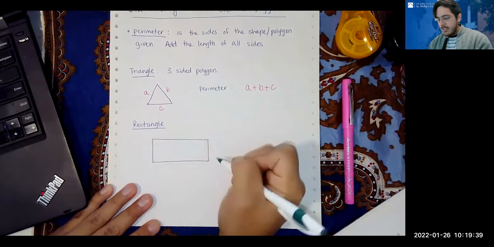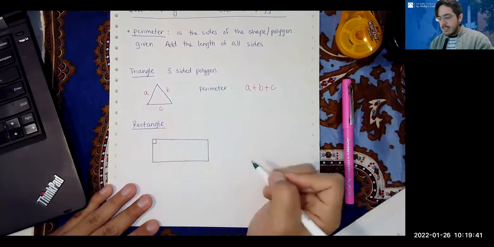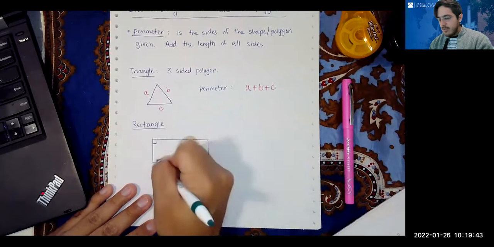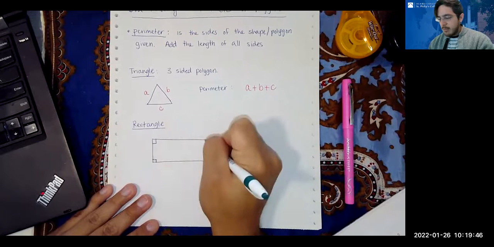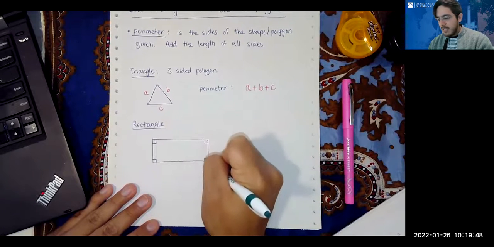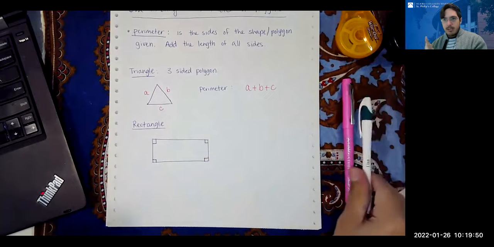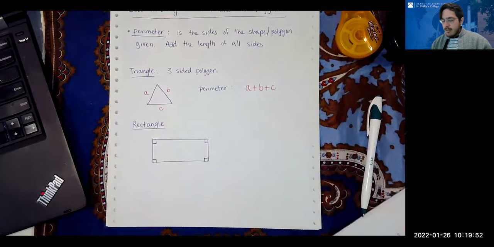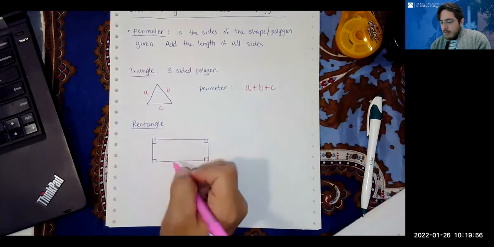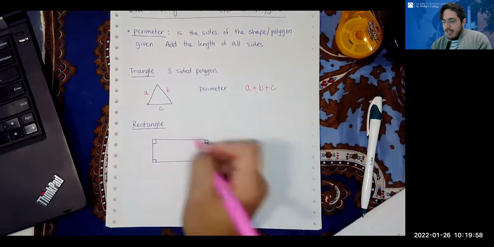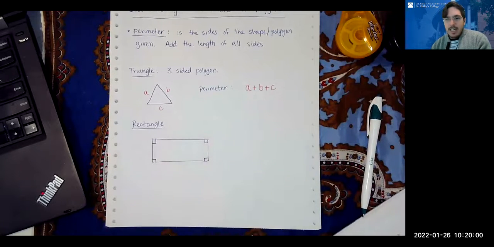In an ideal setting, a rectangle has 90 degrees for each of the corners. That's what they usually put these little boxes in the corner for, to indicate 90 degrees, perfectly straight edges. If we needed to find the perimeter of a rectangle, we could label all the sides A, B, C, and D, and then just add them up.